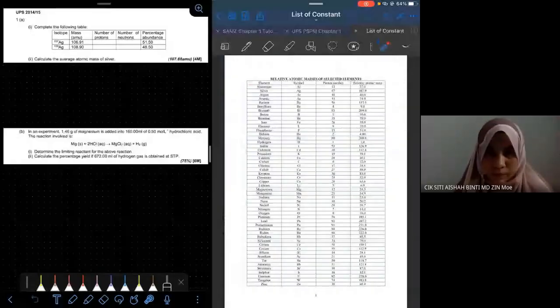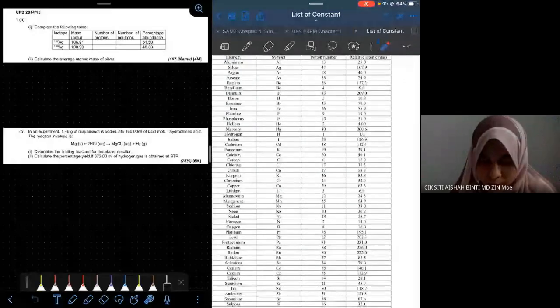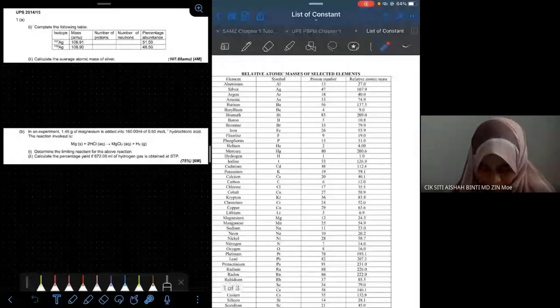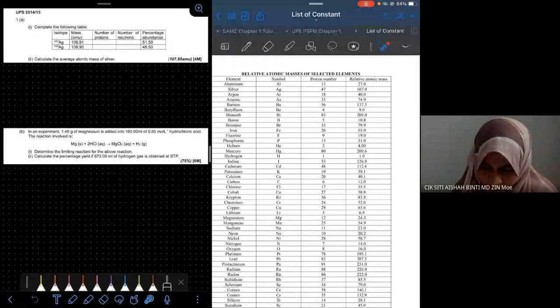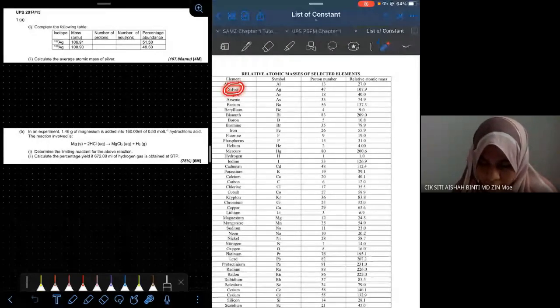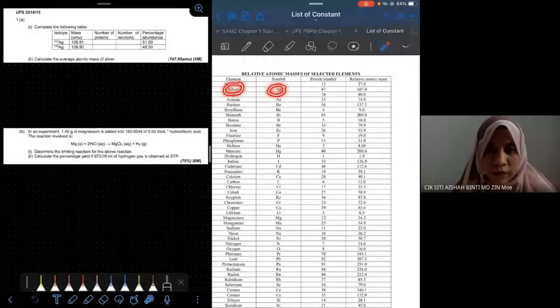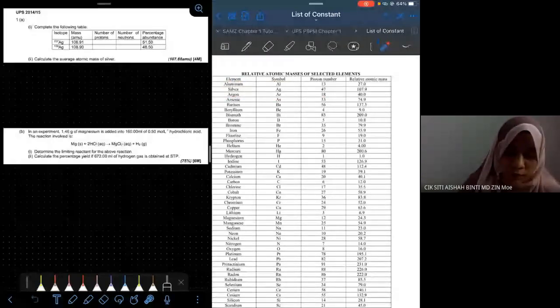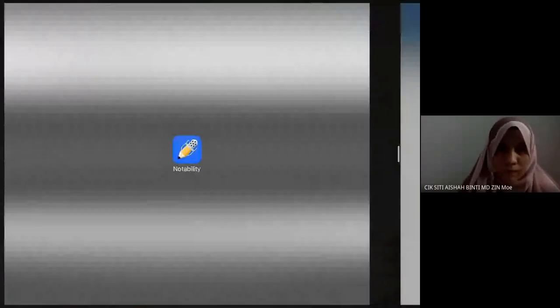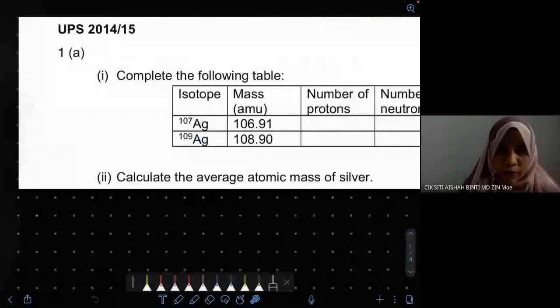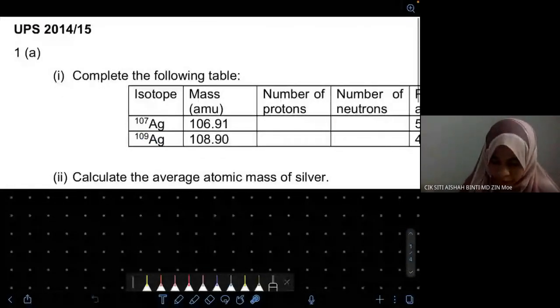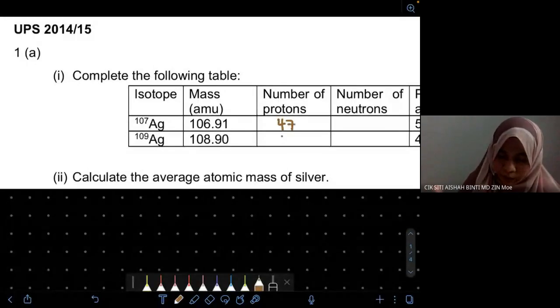Okay, silver is the one earlier here. Here, this is silver. Its symbol is Ag, proton number 47. Okay, so again the number of proton you don't have to memorize. So we just fill in 47, the same for both.